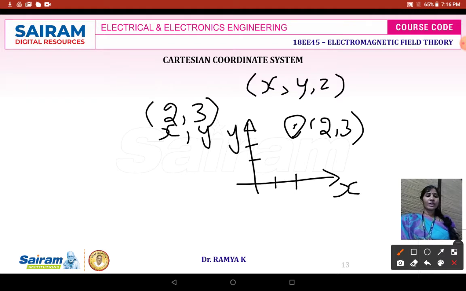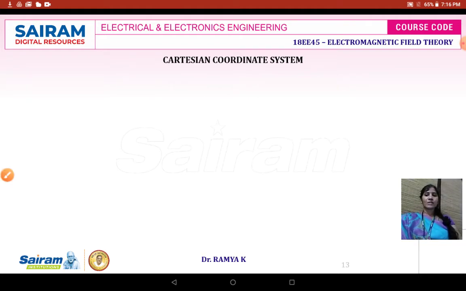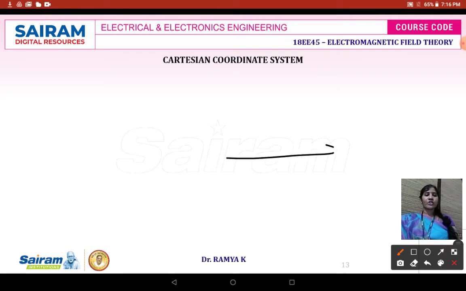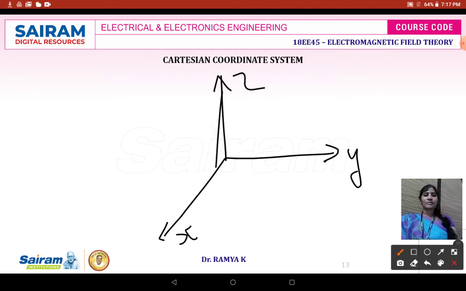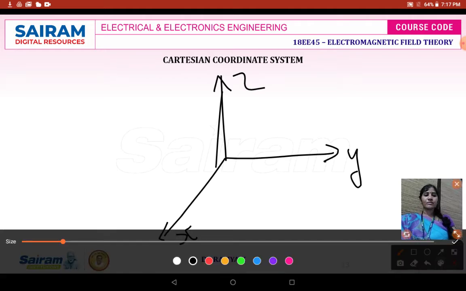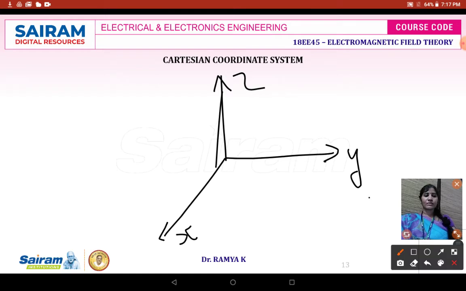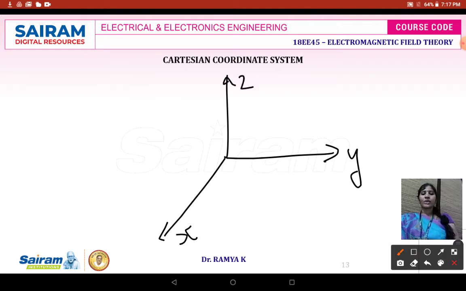Now if you have a 3-ordinate system, the xyz coordinates are shown with your y-axis, this is your x-axis, and here it is your z-axis. Now if we are asked to mark 1, 2, 3: 1 on the x-axis, 2 on the y-axis and 3 on the z-axis.